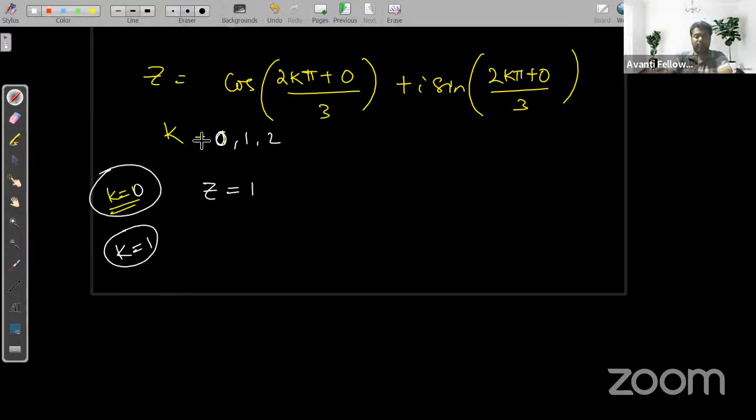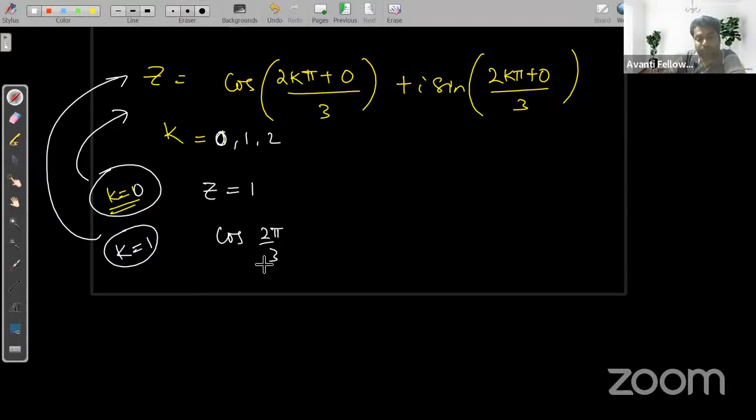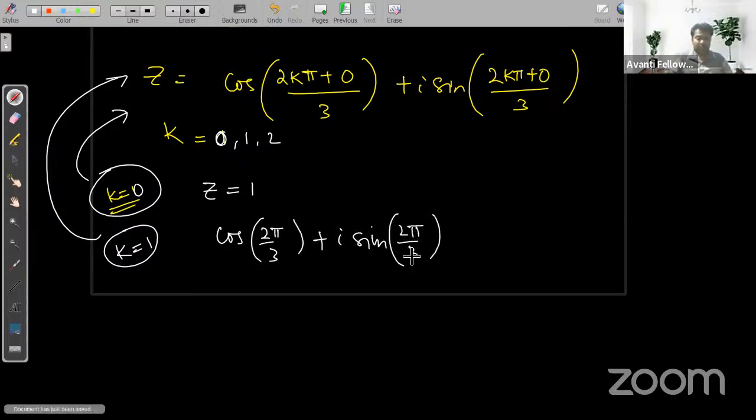So if we put k is equal to 1 in the above equation, we are getting cos of 2 pi by 3 plus i sin of 2 pi by 3. So what are the solutions you are getting? Cos of 2 pi by 3 is minus 1 by 2, plus i into sin of 2 pi by 3. Sin of 2 pi by 3 is root 3 by 2 i.